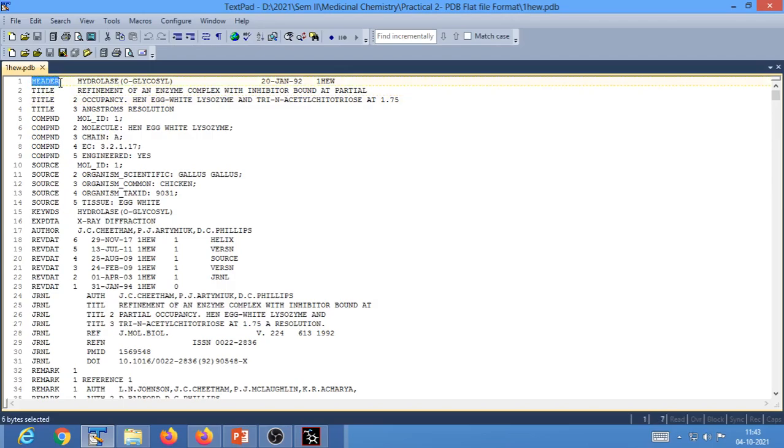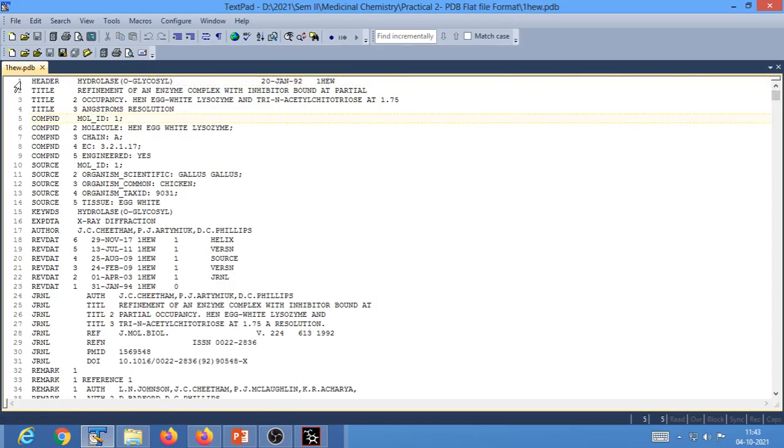So your PDB file contains various keywords that are arranged on separate lines or rows. How many lines are there in this particular PDB file?